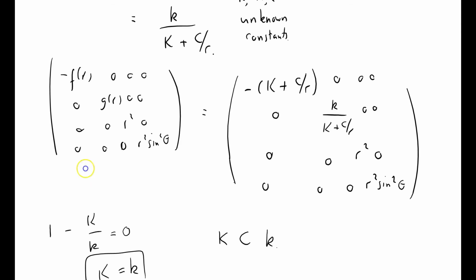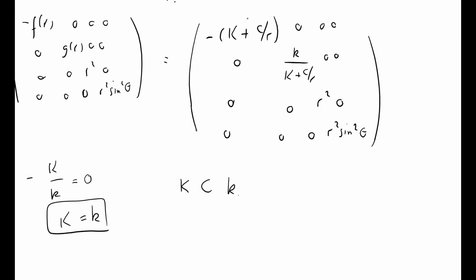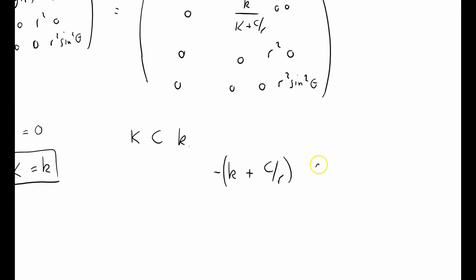That's quite nice. So that means I can rewrite this equation here to minus k plus C over r, 0, 0, 0, 0, 1 over k plus C over r, 0, 0, and then the other terms are here as well.